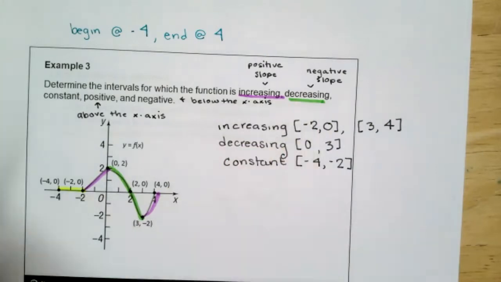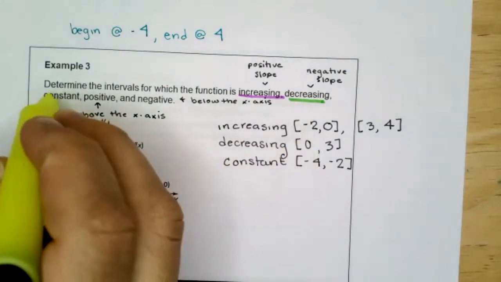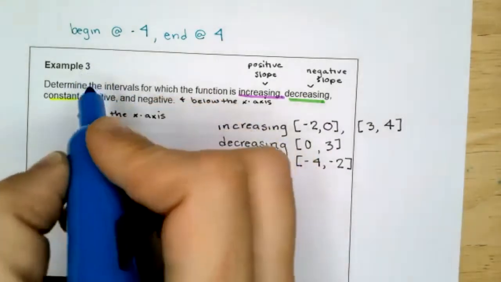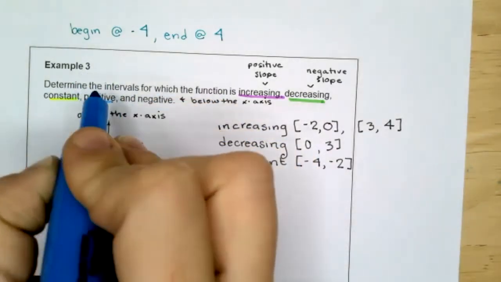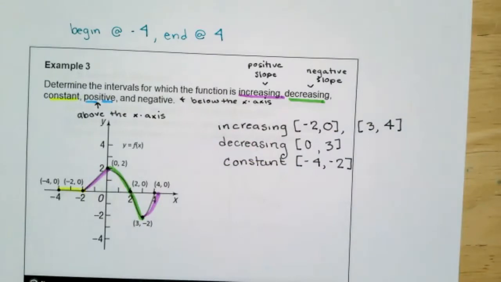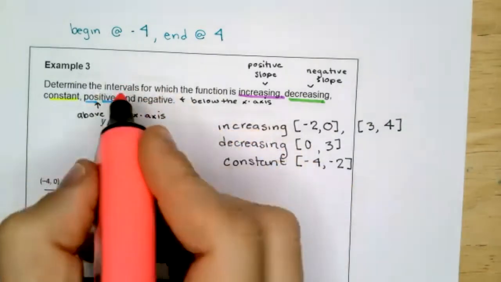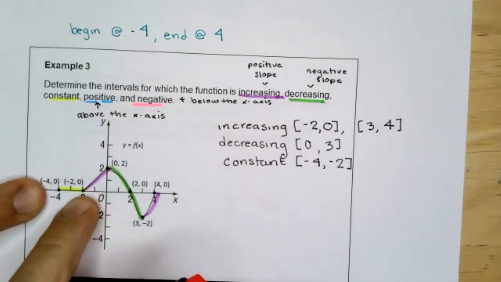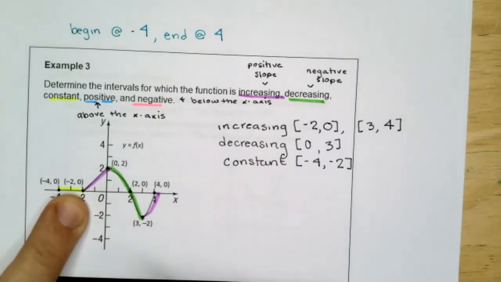All right, so that was increasing, decreasing, and constant, but we also have positive, meaning above the x-axis, and we have negative, meaning below the x-axis. Good. -4 to -2, it was on the x-axis, right? But where is it above the x-axis?